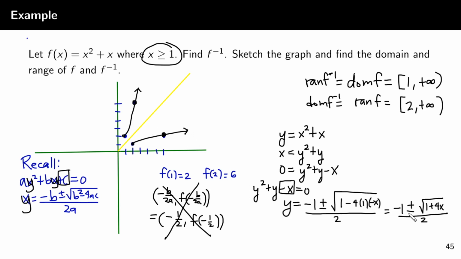Well, obviously, it's the plus 1. I mean, the one with the plus. So, we're going to pick this. And our inverse now is equal to negative 1 plus square root of 1 plus 4x over 2.